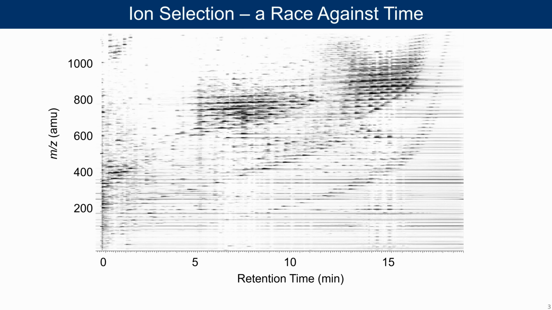In most omics studies, we combine mass spectrometry with a separation technique, such as in this case, liquid chromatography, and this is a lipidomics dataset for plasma. Now, as the compounds elute across time and then ionize, we're racing to select the most important ions and fragment them.